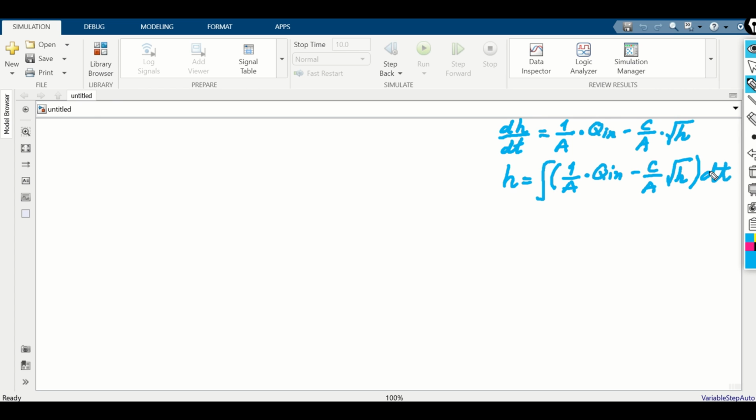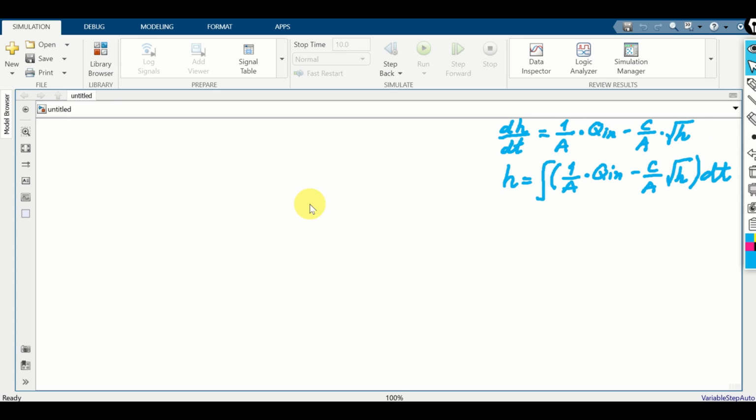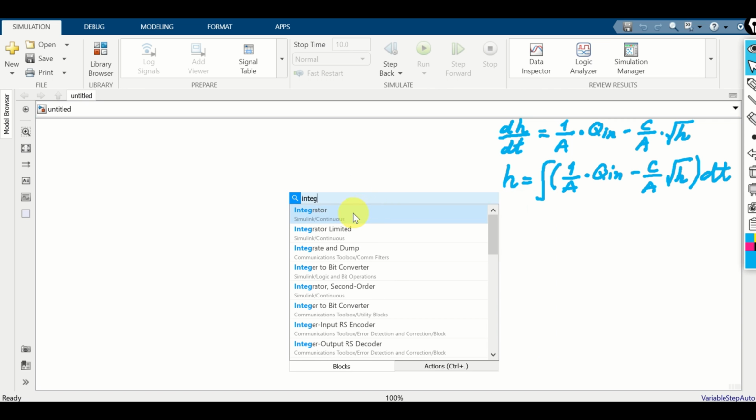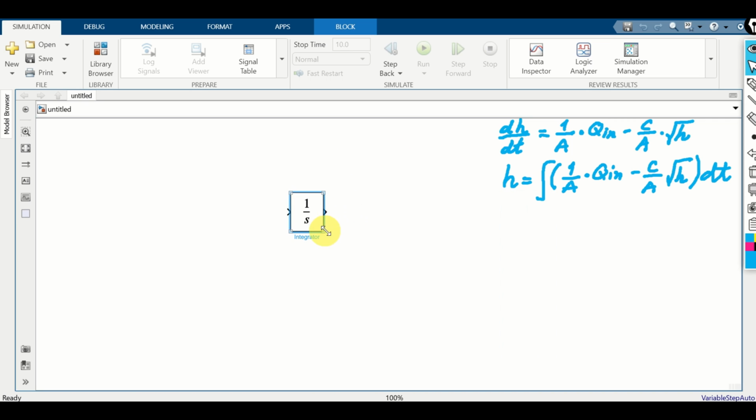Good. From this equation we can see that the first step in modeling of this differential equation is actually to model the integral term. To add the integral term, double-click over here and search for integrator. Here it is. Enlarge this block. The output of the integrator is actually h.